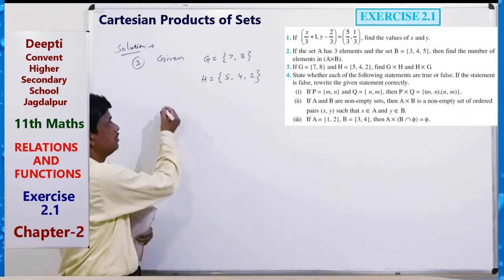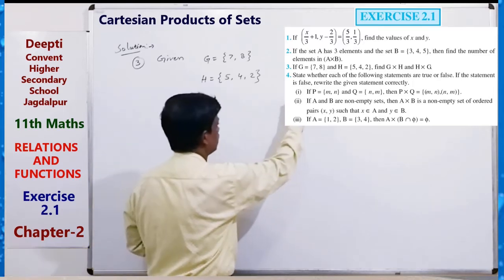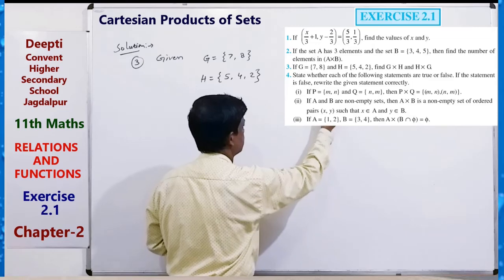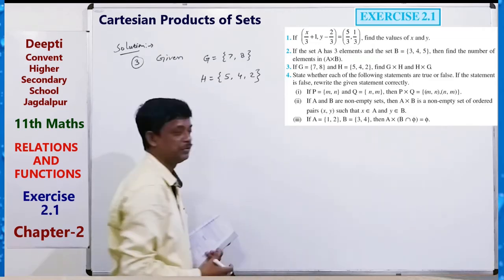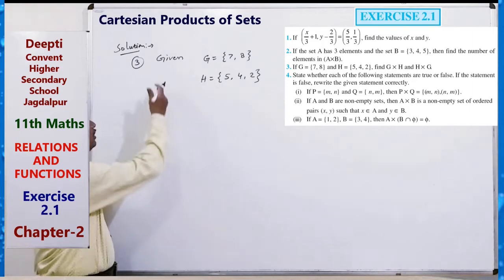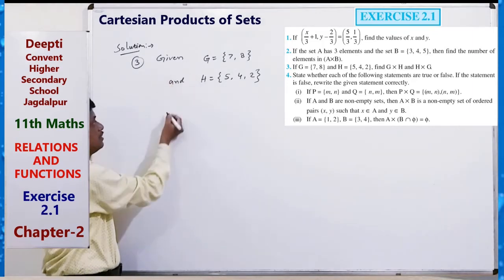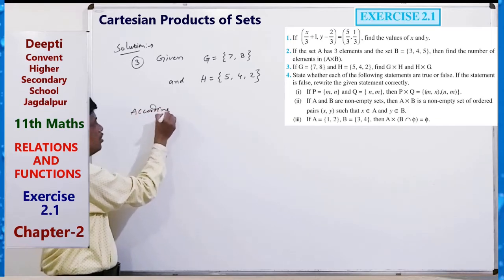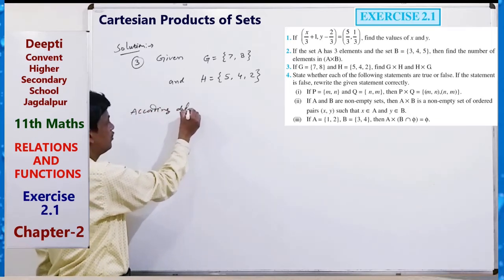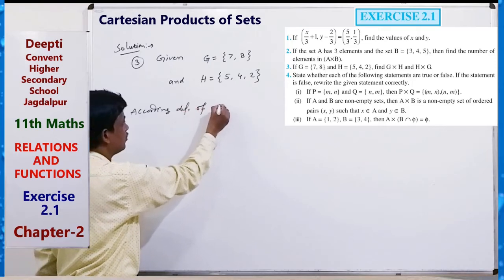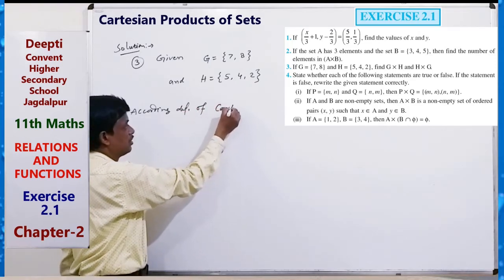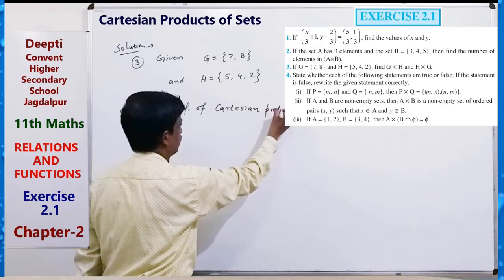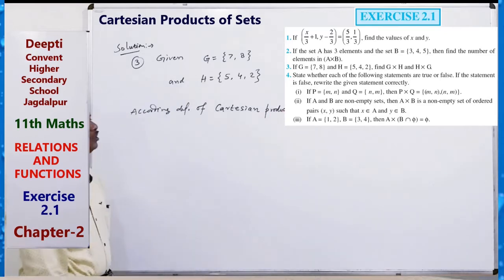We have to find G cross H and H cross G. We can find these two according to the definition of the Cartesian product.